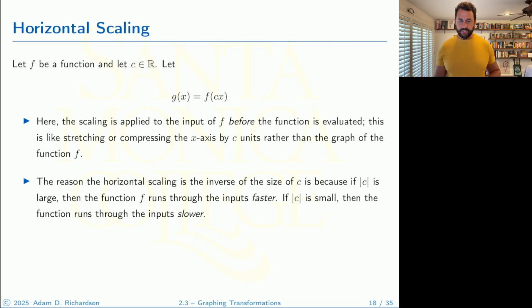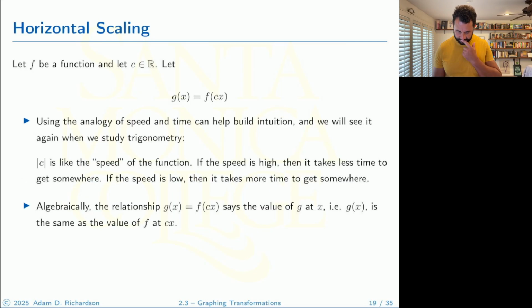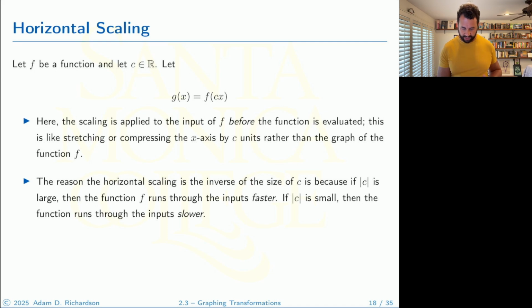So again, the scaling is applied to the input before the function is evaluated. So you're stretching and compressing the axis instead of the function itself. I like to think of it like this. I start it here, but then I explain it a bit more. The reason that the scaling is like the inverse of the size of C is because if the size of C is large, then the function is running through the inputs faster.